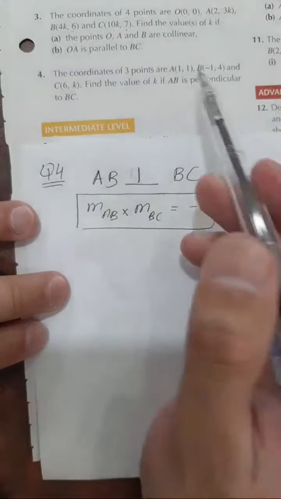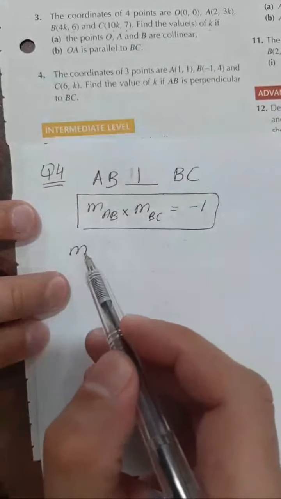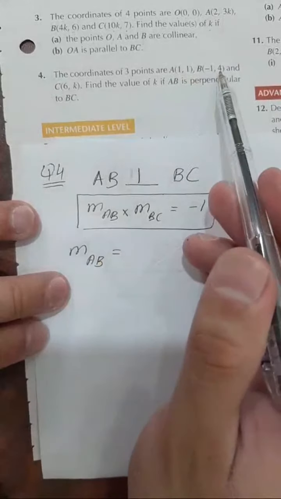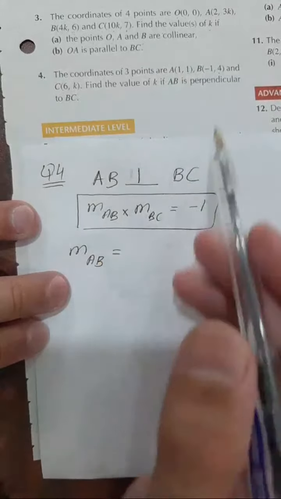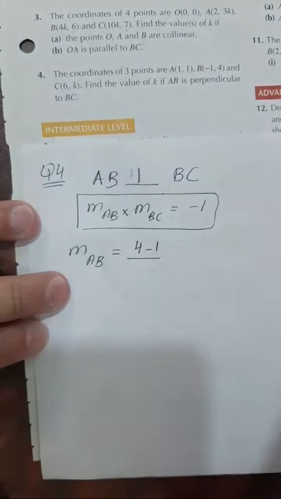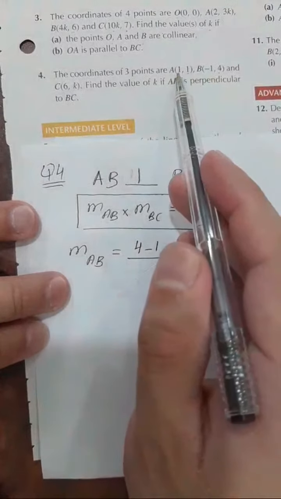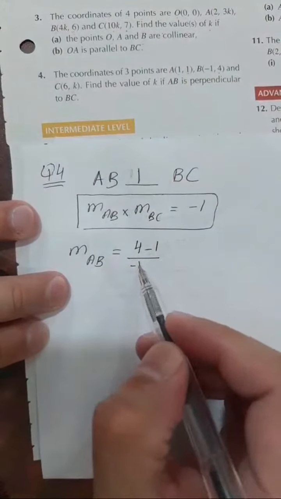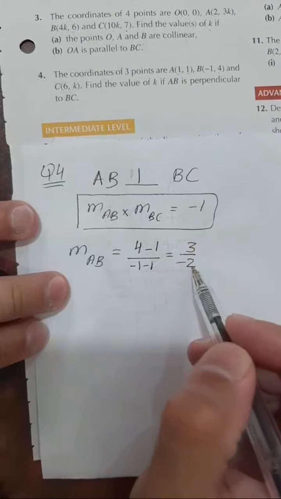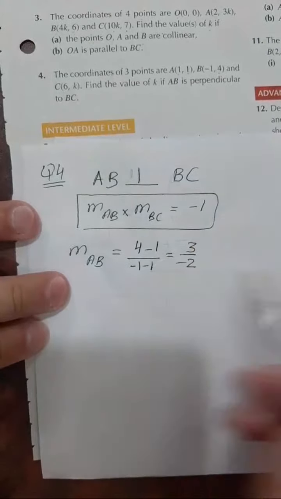Now we can find the slope of AB. We have been given the coordinates of AB. So y2 minus y1, I mean 4 minus 1, divided by x2 minus x1, that is 3 over minus 2. That is the slope for AB.